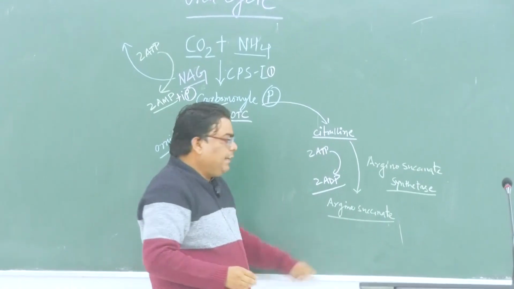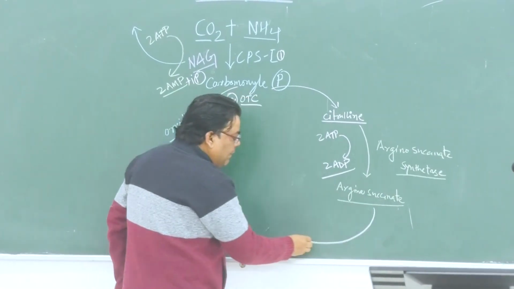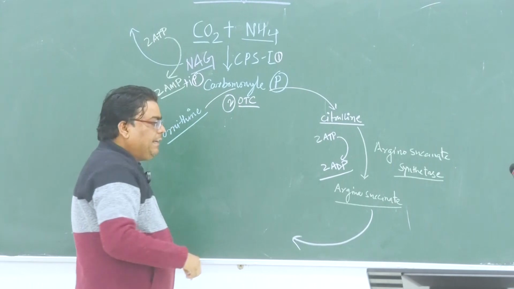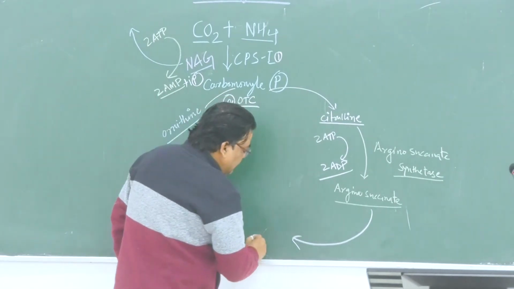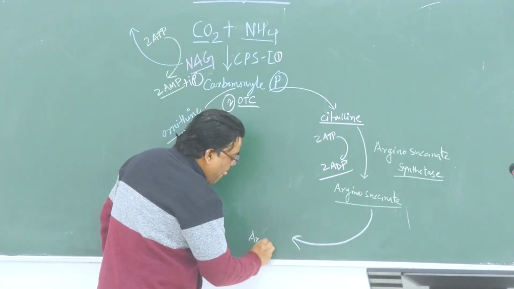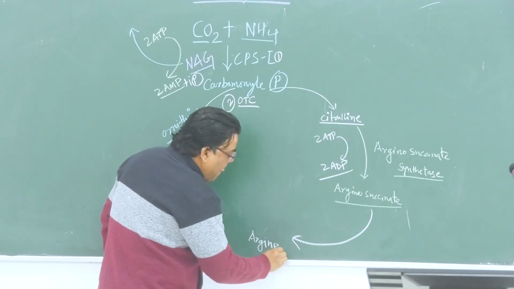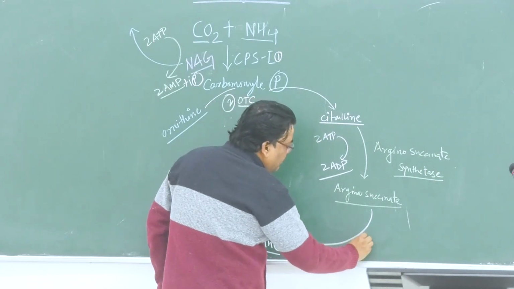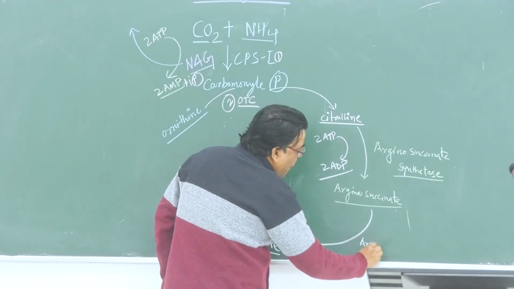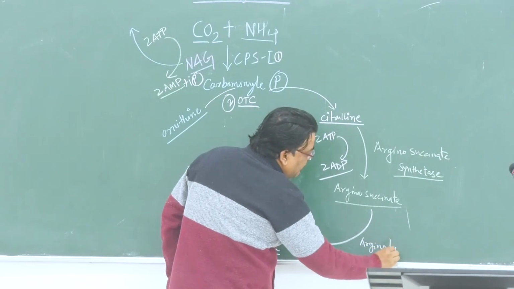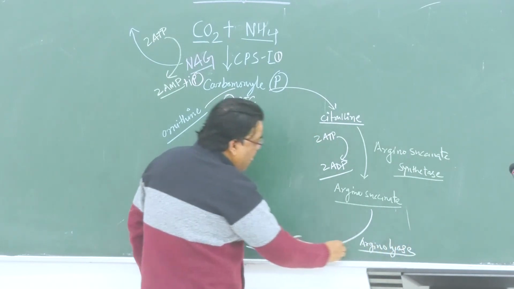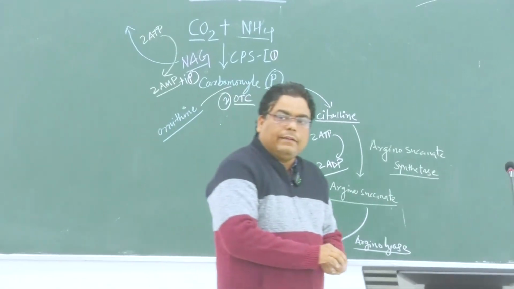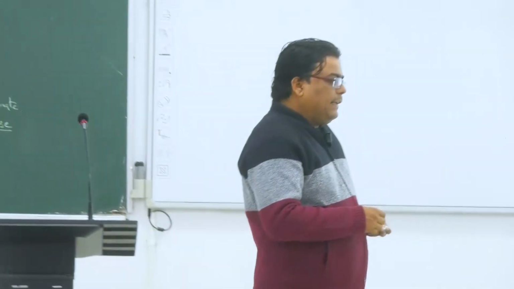So arginosuccinate now goes through further breakdown, forming arginine with the enzyme arginosuccinate lyase. In this step, there is a removal of another substrate which directly participates in the TCA cycle.